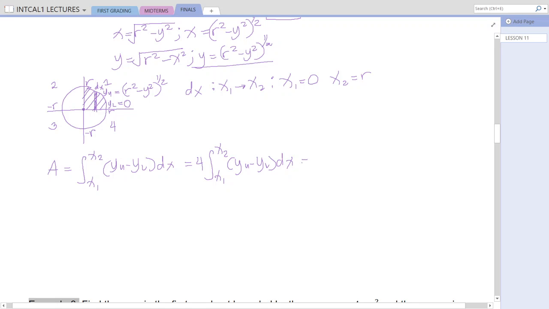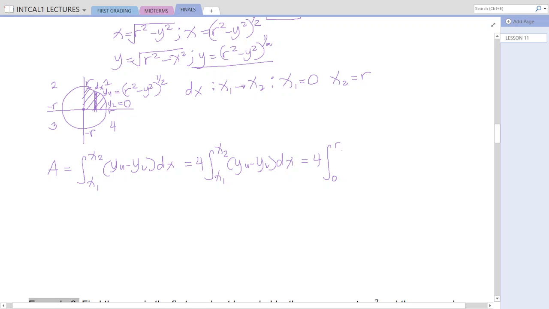Substituting the values there, x sub 1 is now 0, so that is the integral from 0 to r.